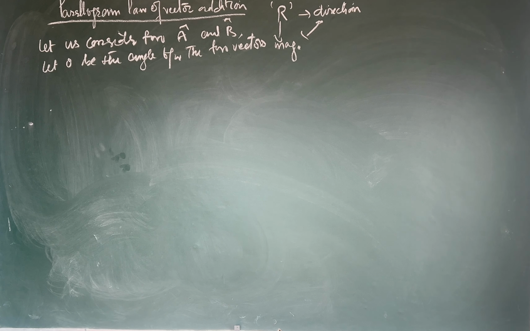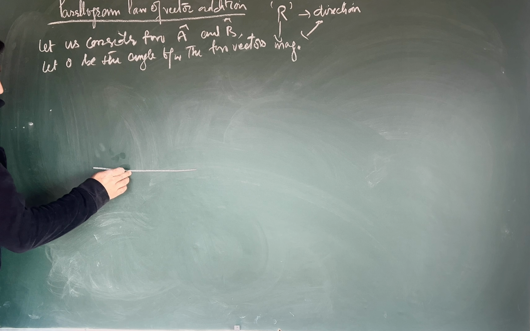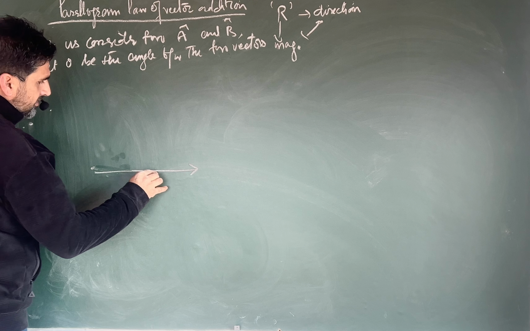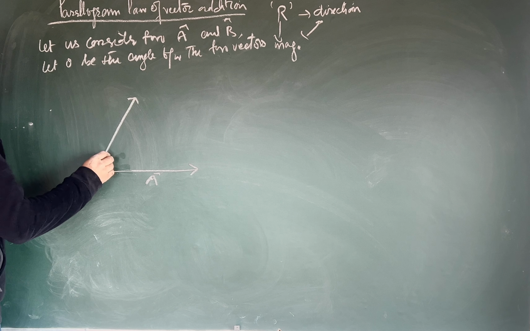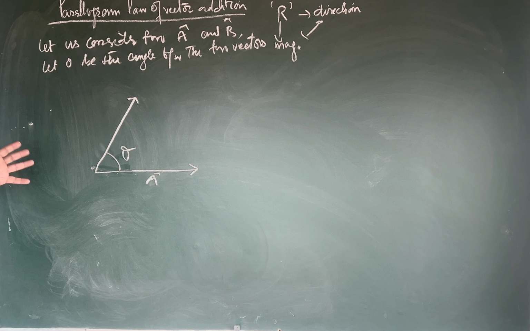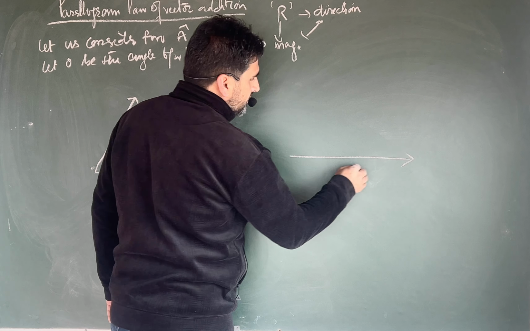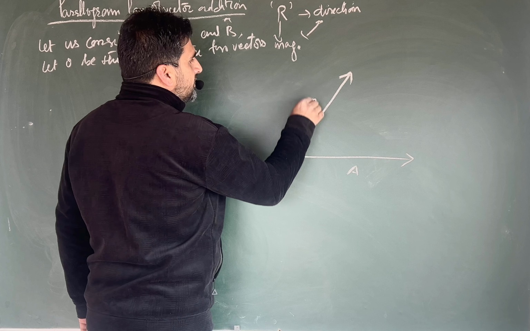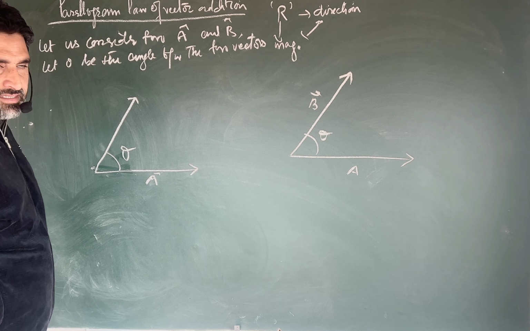तो हम कैसे अब R ढूंढेंगे? Suppose this is vector A, and this is vector B. And this angle theta. थोड़ा मैं बड़ी डायग्राम बना लूंगा। This is vector A and this is vector B, and this is angle theta, the angle between the two vectors.